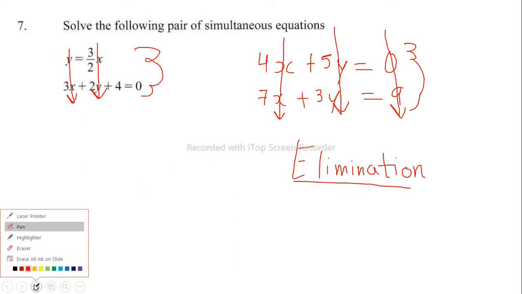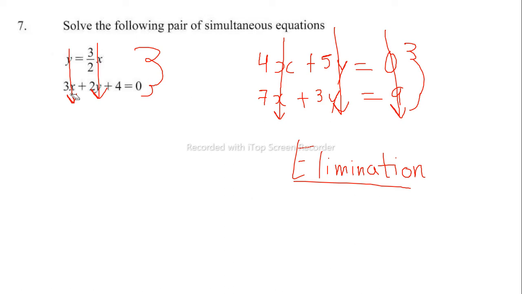Not that it couldn't work, but you'd have to arrange things back into order, and that's taking up time. It cries out for substitution, because we already have what y is explicitly. We know that y is 3 over 2x. So what we need to do is put that right in here so that we can substitute it.